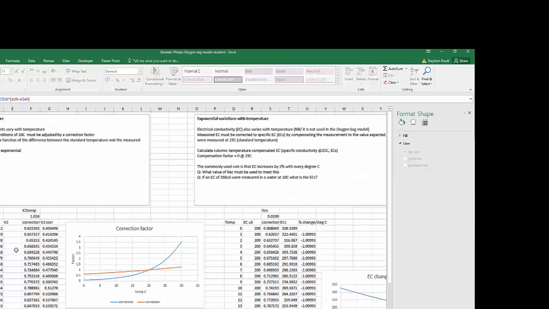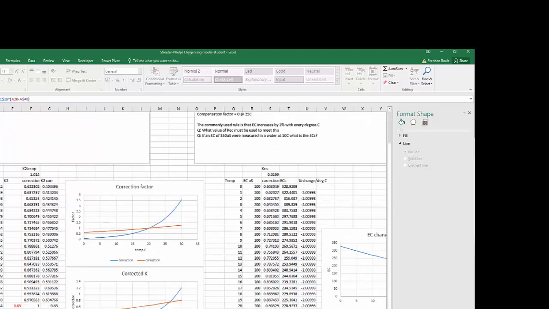So the formula for the correction factor is the temperature coefficient, C18, raised to the power of the difference between the measured temperature, A20, and the standard temperature, A40. That's that exponential. And then the corrected K value is the one measured at the standard temperature multiplied by the correction factor.